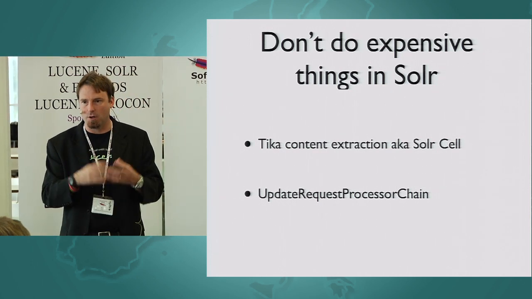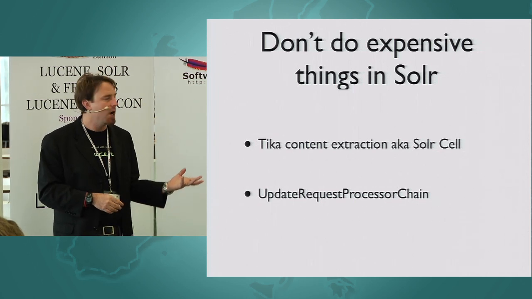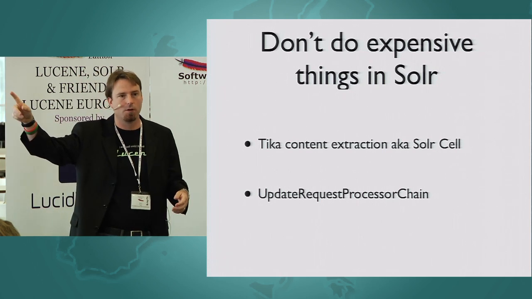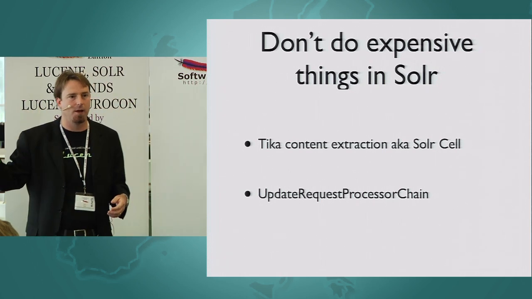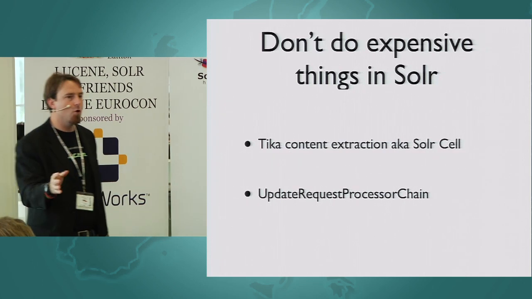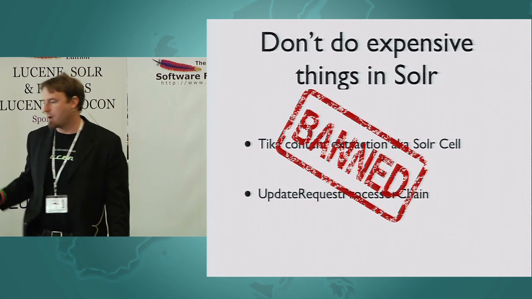You get all the fields and you can create new fields or reformat fields or make calls to third-party web services from inside of Solr. Yeah, don't do it. Just because you can doesn't mean you should. So, look to move everything out of Solr, out of your search engine, because it's already got a big job to do.